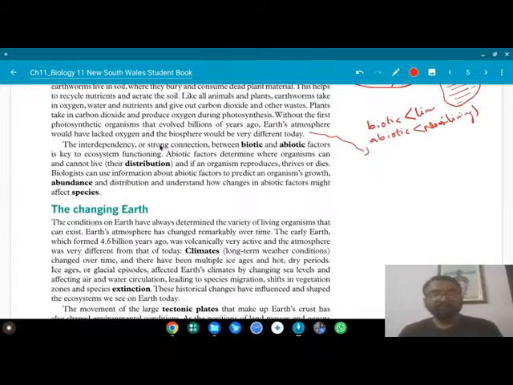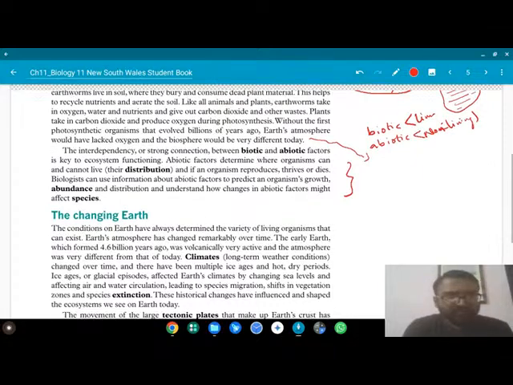So the interdependency, or strong connection between biotic and abiotic factors, is key to ecosystem functioning. Abiotic factors determine the distribution of organisms, where they can live, reproduce, thrive and die. So it is the same thing: it must be recycled.